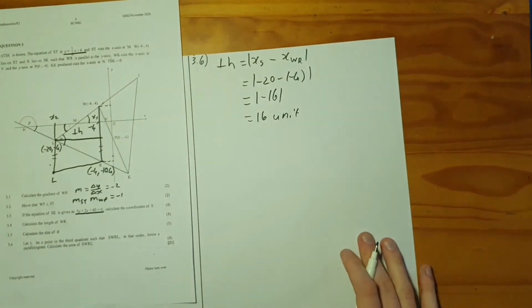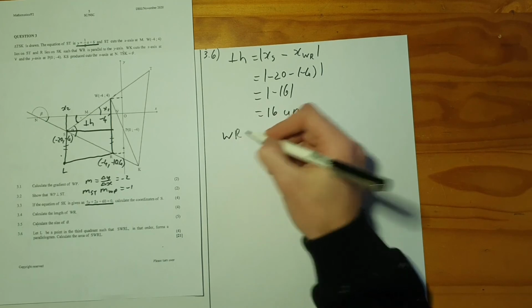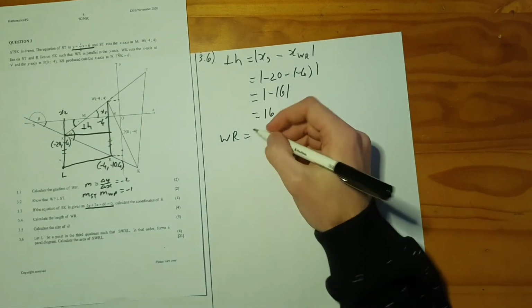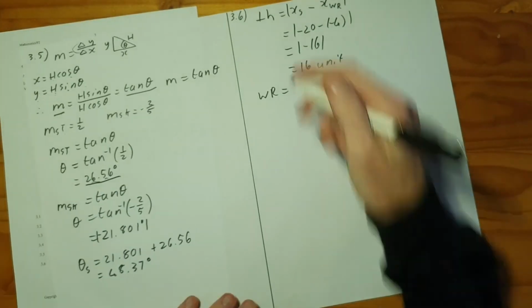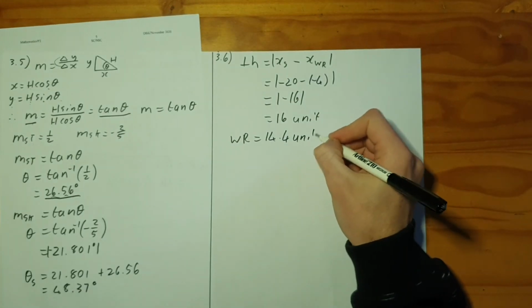Now we're just going to calculate area. We know that WR from earlier on was given as, I think it was 14.4. Let's just check here, 14.4 units.